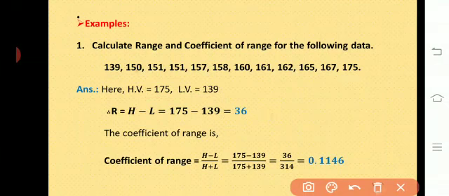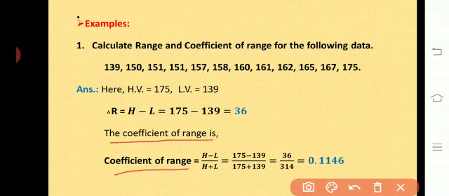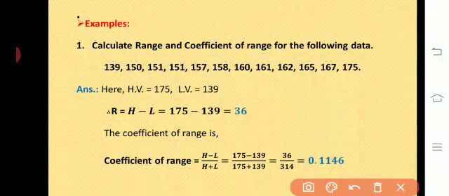Then we have to find the coefficient of range. The formula is coefficient of range is equal to highest value minus lowest value divided by highest value plus least value, that is H minus L divided by H plus L. Now put the values: H is 175, L is 139, so 175 minus 139 divided by 175 plus 139.